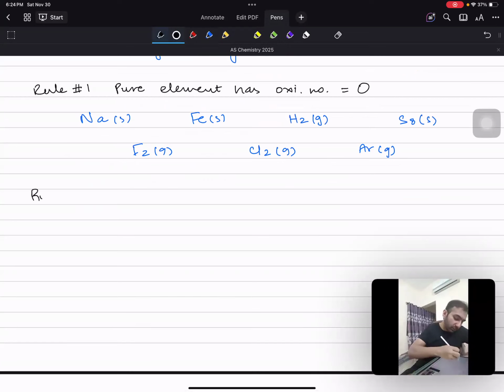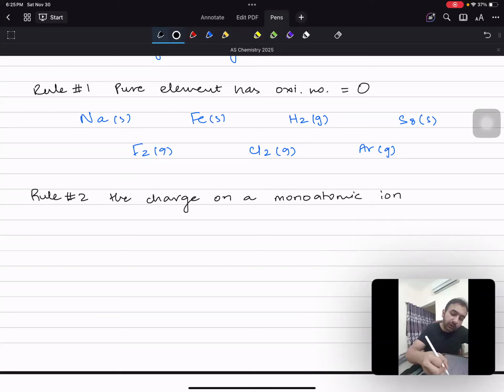We have a second rule that says the charge on a monoatomic ion is its oxidation number. What's a monoatomic ion? It's a single atom with a charge on it. For example, N3- has an oxidation number of -3. Fe2+ has an oxidation number of +2.